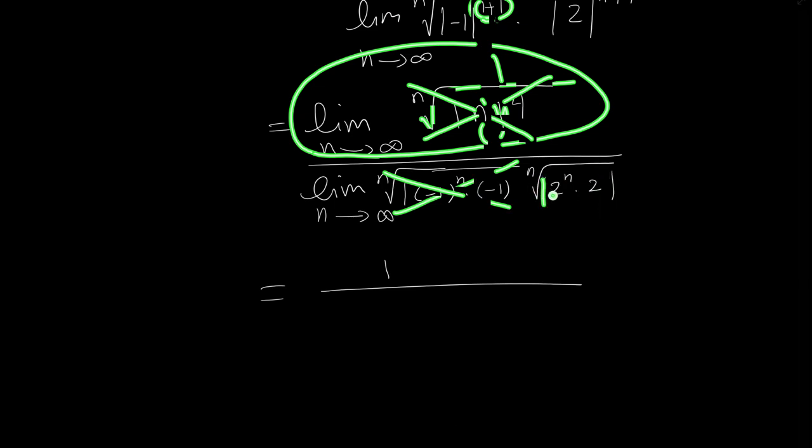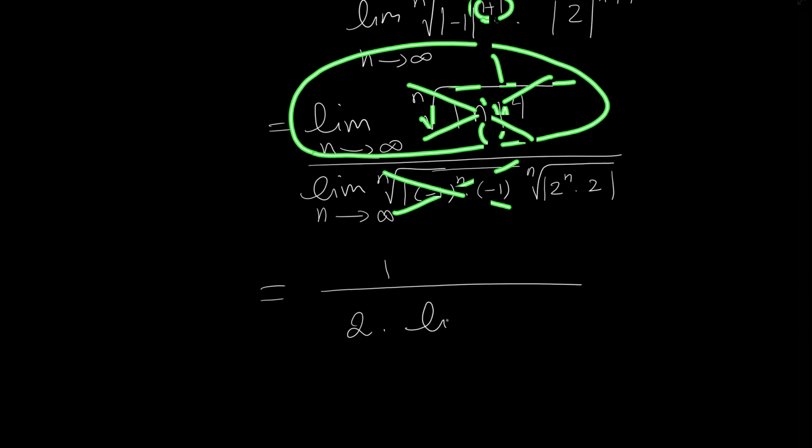Root n of absolute value of 2 to power n, it's just absolute value of 2, right? And the remaining is root n of 2 when n approaches infinity.